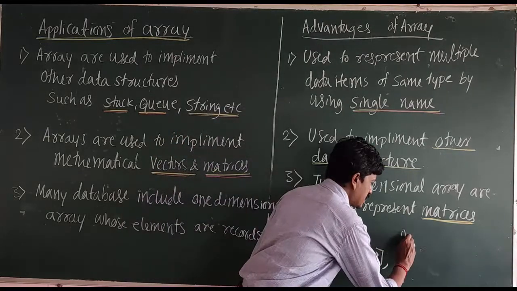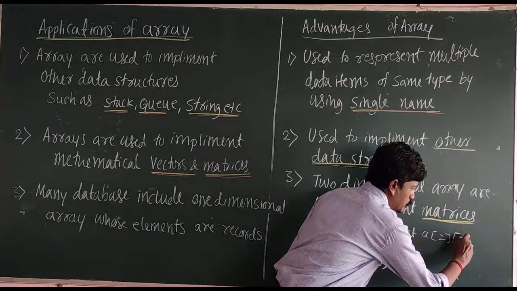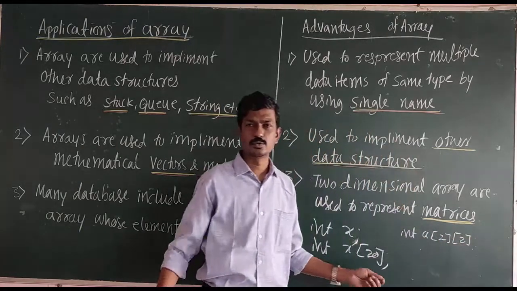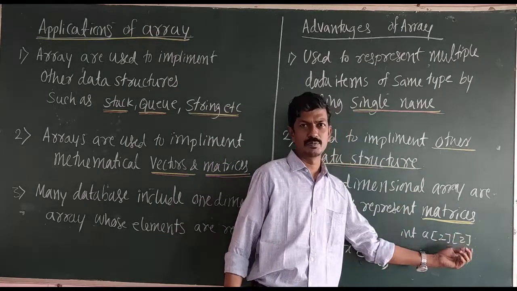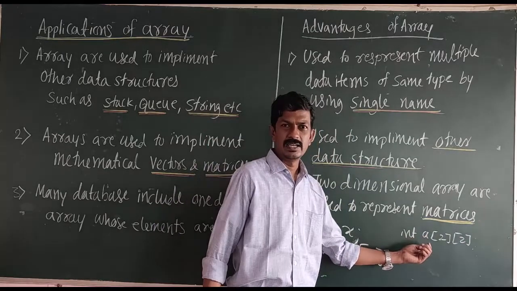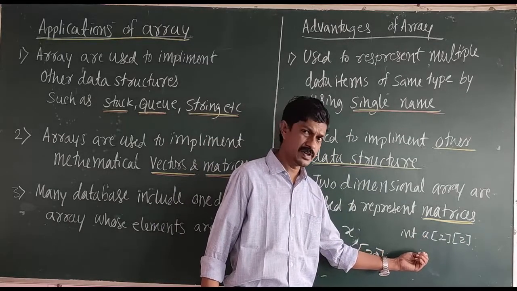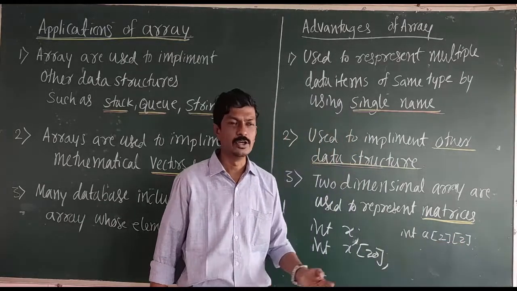Integer a of 2 by 2 means 2 rows and 2 columns, so a total of 4 elements can be stored with this data structure.